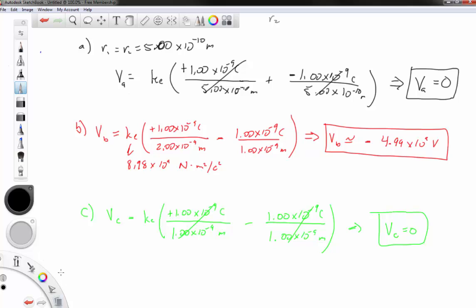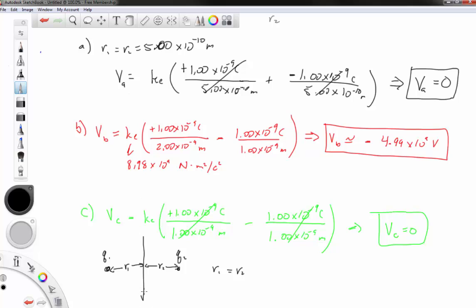So that means that if we were to try and figure out, so here is Q1 and here is Q2, any point along this line that is an equal distance r from both of these, R1 equals R2, the potential anywhere on this line should be 0.